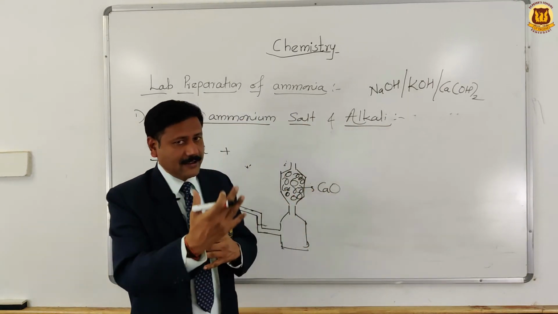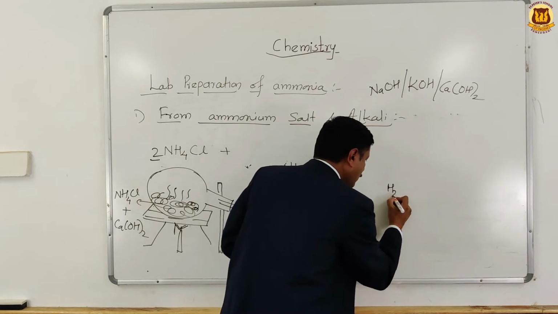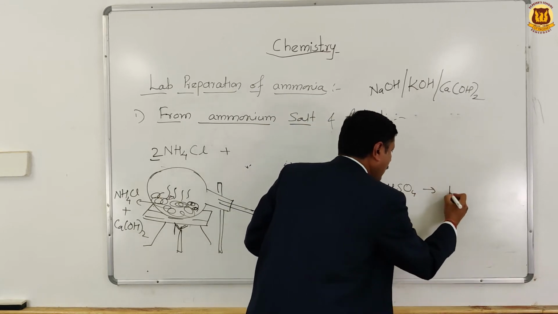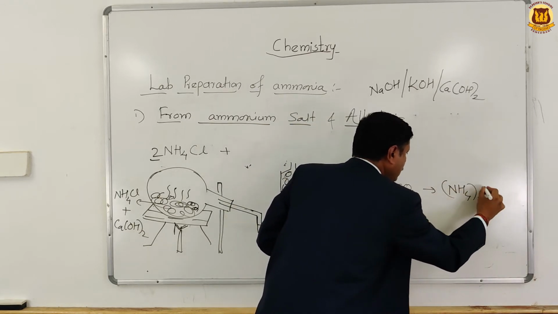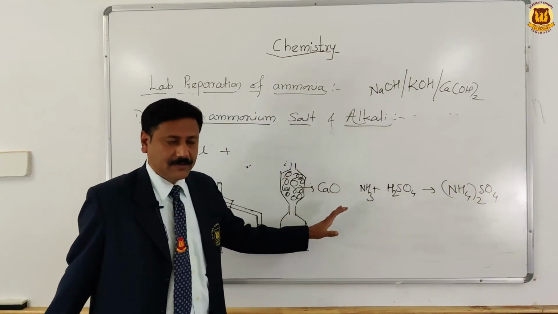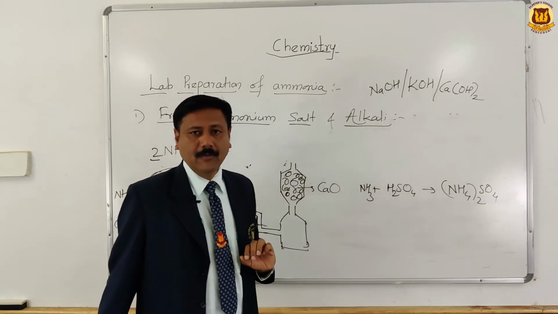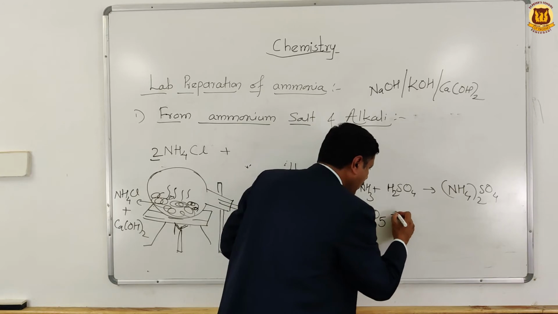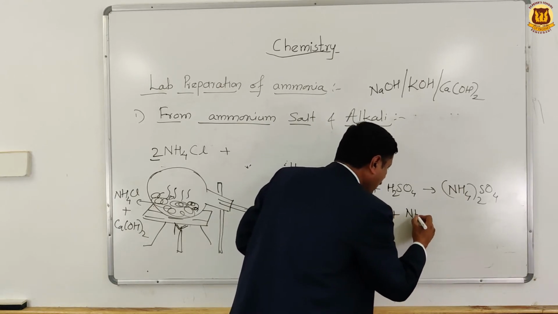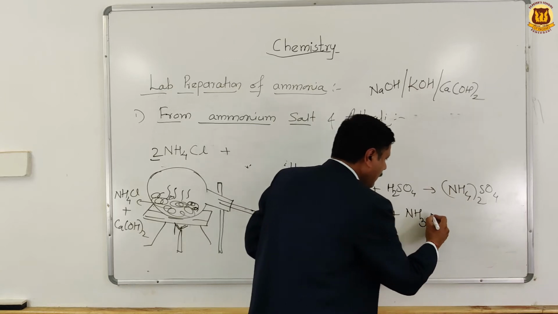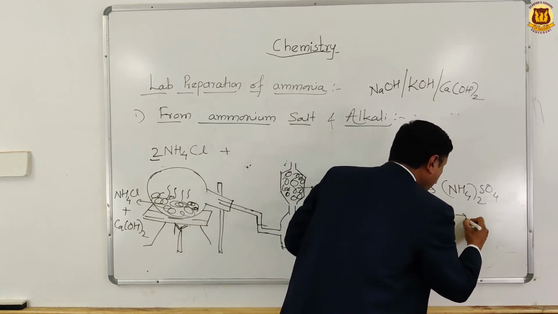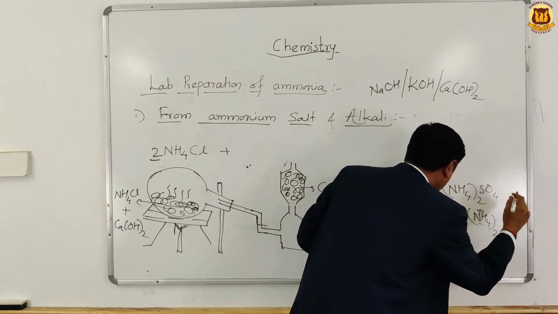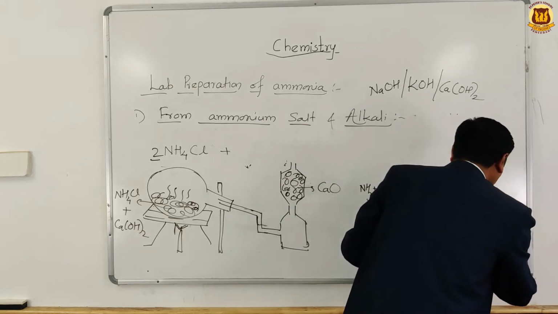You know, there are other drying agents. If you take H2SO4 and pass ammonia gas through H2SO4, it will form ammonium sulfate. So ammonia reacts with acid to form salt. If you take P2O5, phosphorus pentoxide, and pass ammonia gas through phosphorus pentoxide plus water, it will form ammonium phosphate.